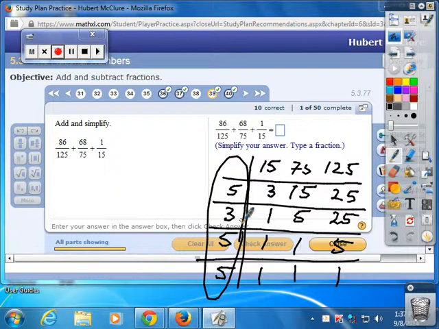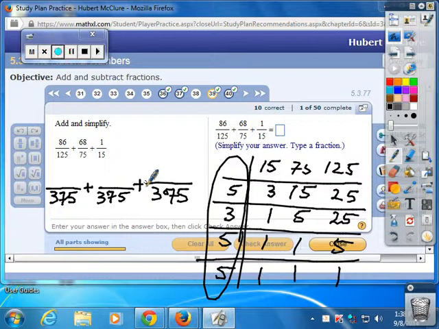So what's your common denominator? 375. And you feel good about yourself. All right, convert them if you haven't yet.